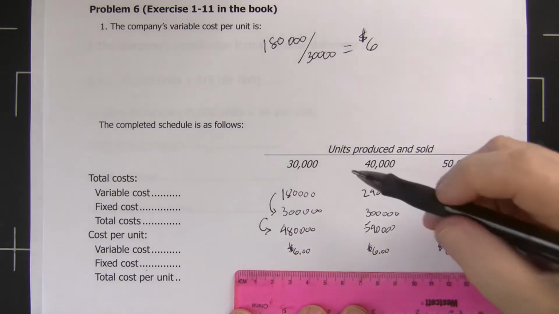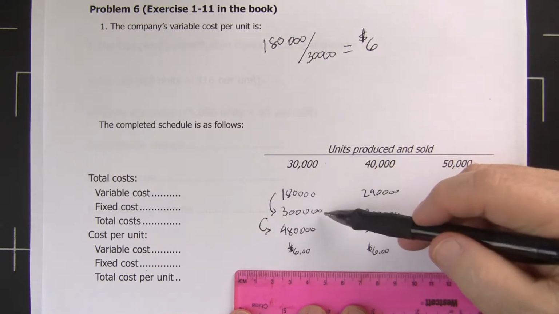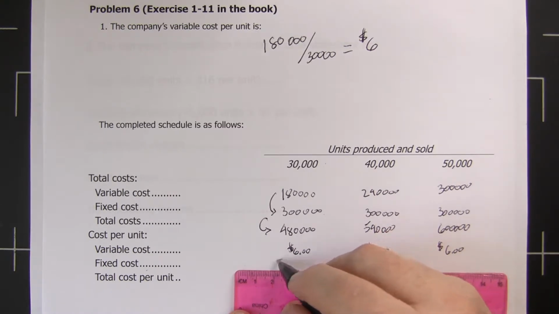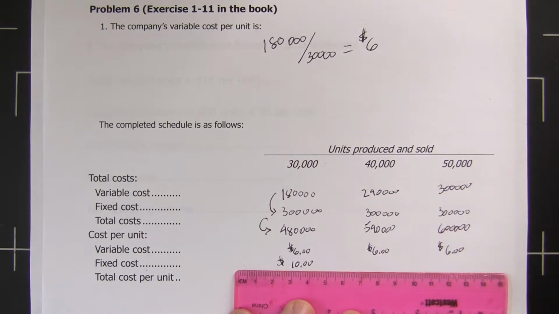So at the 30,000 level of output, our $300,000 worth of fixed cost is roughly $10 per unit.